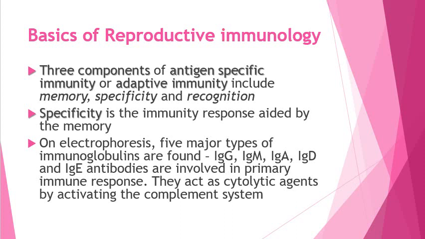So on electrophoresis, 5 major types of immunoglobulins are found, which are IgG, IgM, IgA, IgD, and IgE antibodies, which are involved in primary immune response. They act as cytolytic agents by activating the complement system.